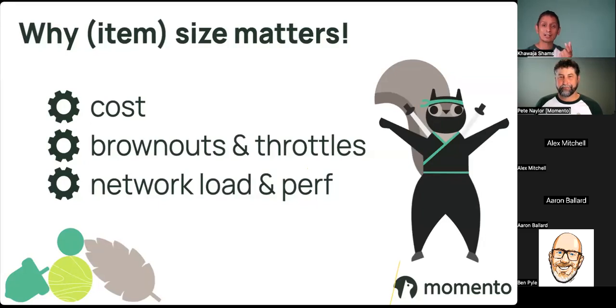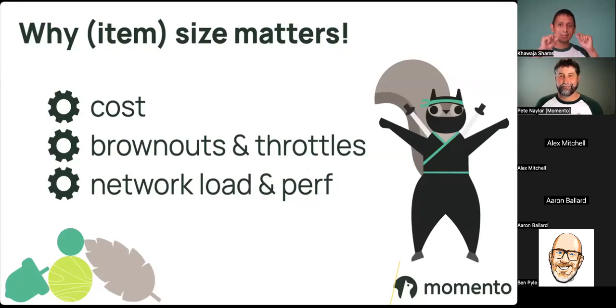There's another kind of way to look at it. We try to put in a bunch of Simpsons quotes here, but item sizes can make your DynamoDB items more aerodynamic. What does that mean? More aerodynamic means they flow through the network a little bit faster. Why is that? Imagine you're doing a query or a scan, then your single result will fit more items into the response as well.